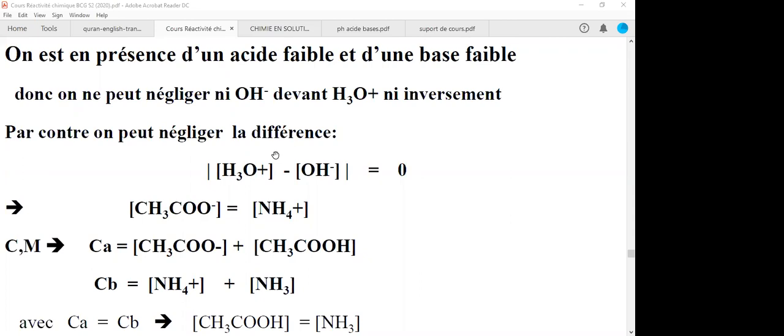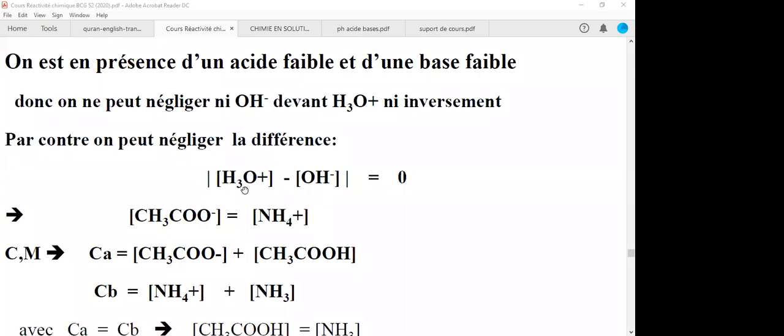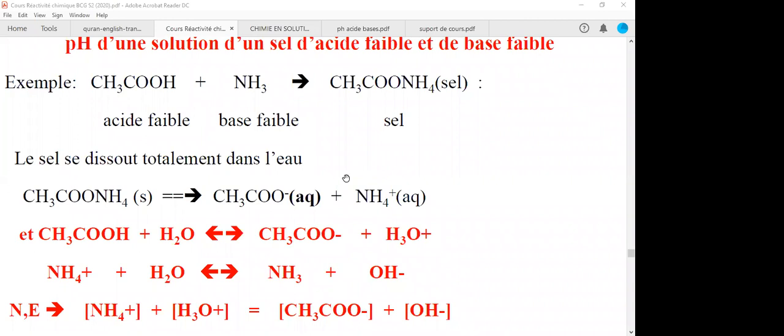So from the formula, we've got the concentration of H3O plus minus the concentration of hydroxide is equal to 0. From the formula here, if we take H3O plus to the other side, on the left hand side we're going to have the concentration of NH4 plus equal to the concentration of the conjugate base CH3COO minus plus hydroxide minus hydronium.